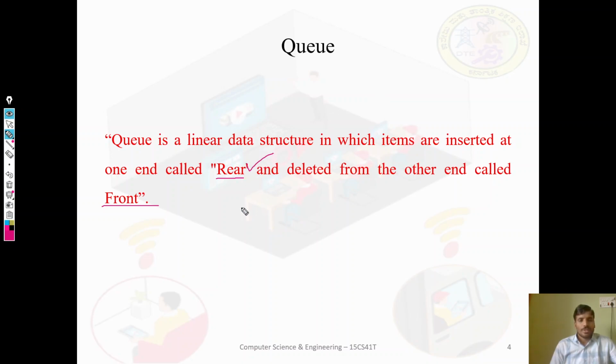First one is the rear end and second one is the front end. We insert the elements through the rear end and we delete the elements through the front end. Okay students, so this is the definition of queue.